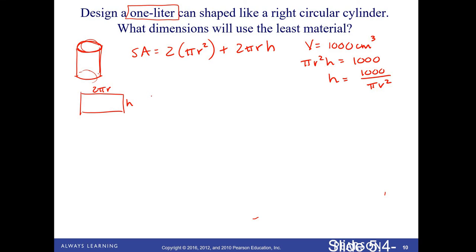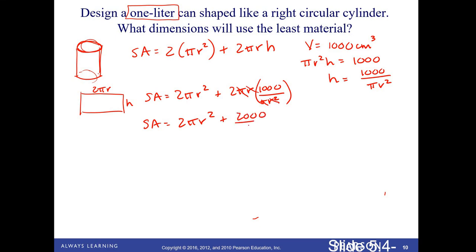So let's rewrite our surface area formula using just r. 2 pi r squared plus 2 pi r times 1,000 over pi r squared. Cleaning that up a little bit. 2 pi r squared plus, my pi's will cancel and one of my r's will cancel, 2,000 over r.